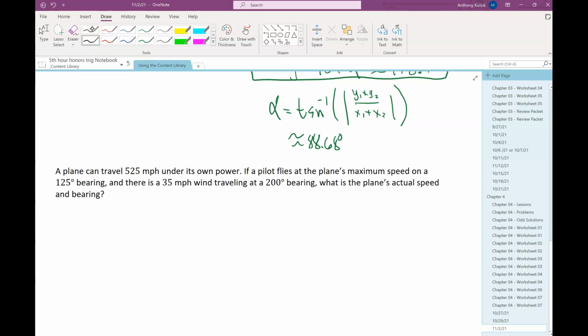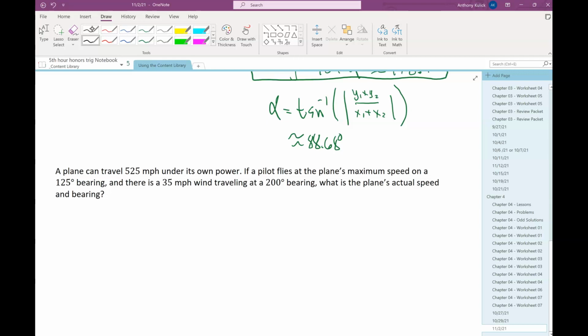So I'm just going to think about this in the same way I did the previous version. I'm going to think of it as two separate legs. We'll break those down into horizontal and vertical parts. Add the horizontal parts, add the vertical parts. Calculate the new length, which in this case is going to represent the speed, and the new bearing. Is everybody okay with that idea?